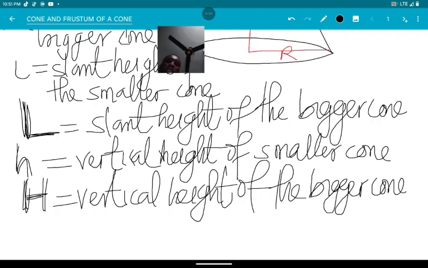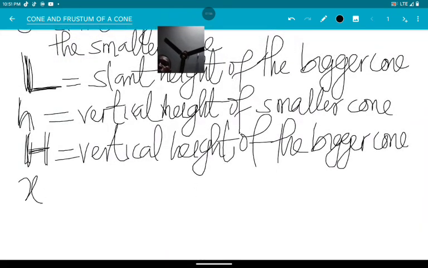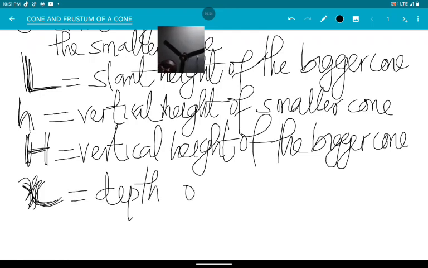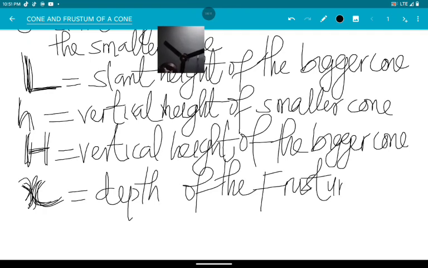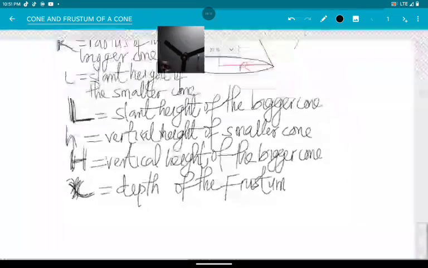So I'll be establishing a lot of information here, and x is the depth of the frustum. All right, so this is what you should note.